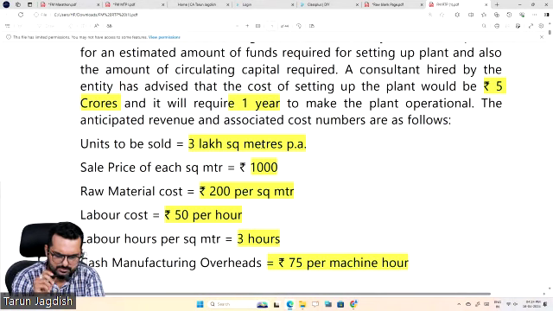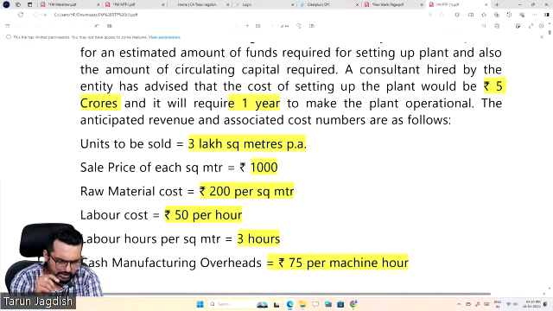Okay. All right, friends. Next one, what labor cost? What about the labor cost they have told over here? 50 rupees per hour. 50 rupees per hour.